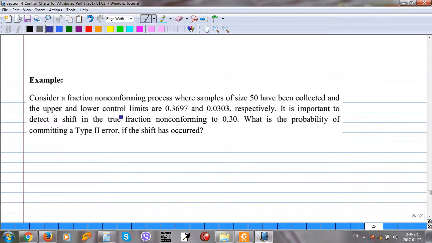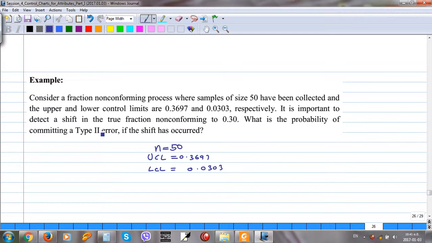Through this example you can understand how you can find the type 2 error or beta error. Consider the fraction non-conforming process where the sample size is 50. Where the sample size is 50, it means n equals 50, have been collected, and the upper and lower control limits are upper control limit 0.3697 and lower control limit equals 0.0303 respectively.